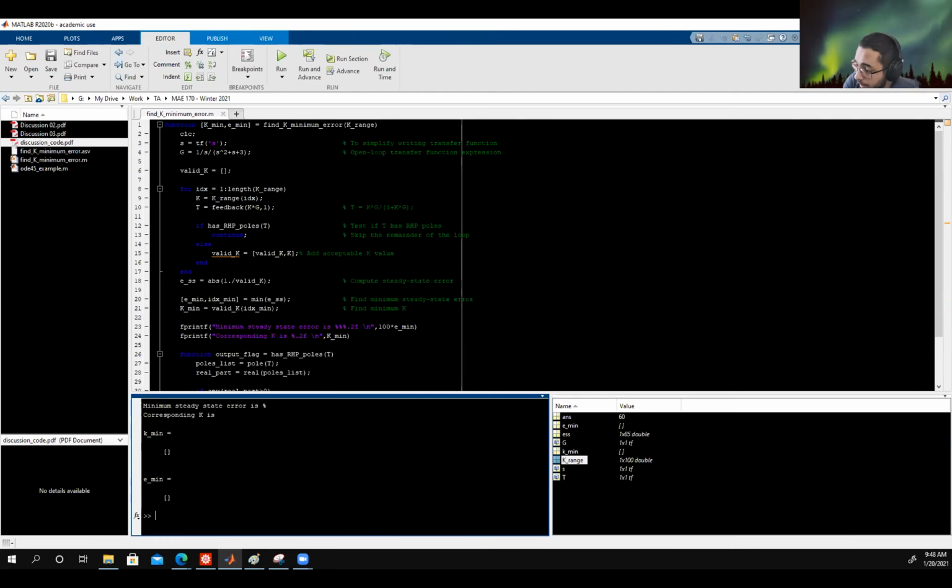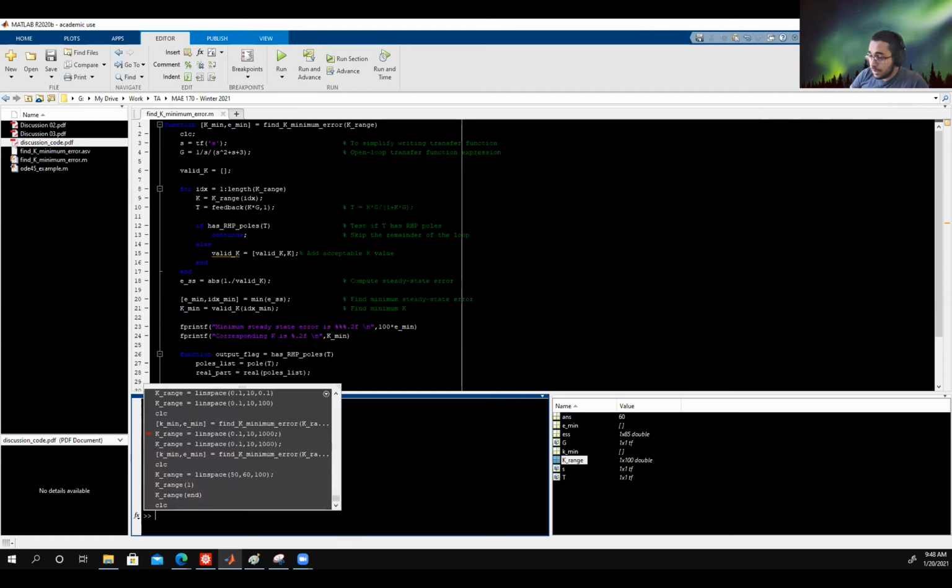It turns out that for the values from 50 to 60, none of the values is actually a valid value for k. We can see that k minimum returned an empty array here, and the error minimum is also empty, which means that none of the values in the range actually contains a valid k value. So let's try something else.